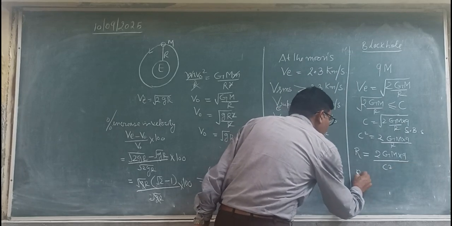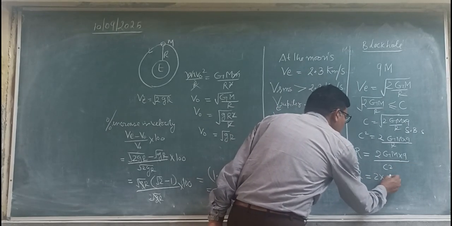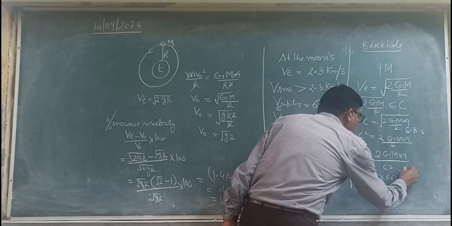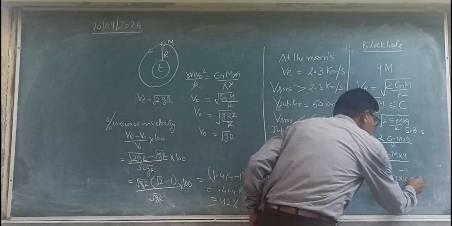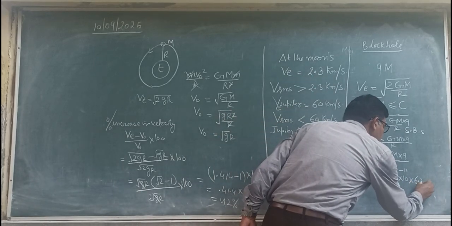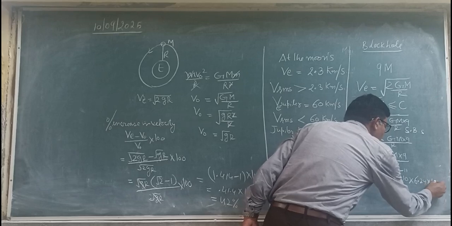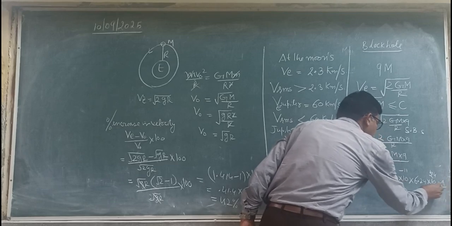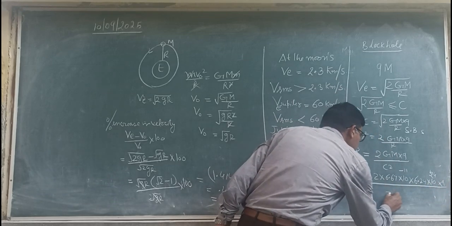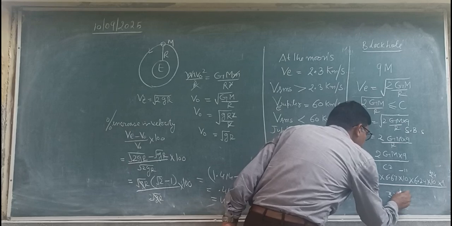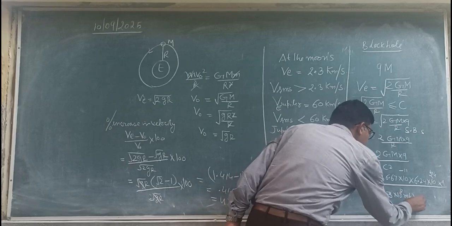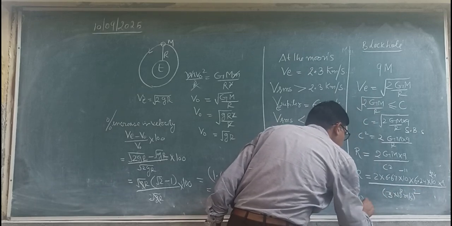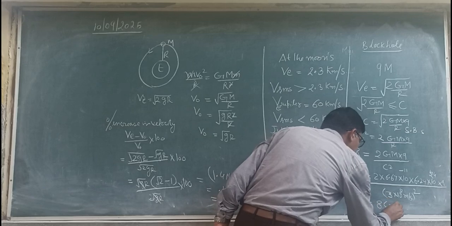So r comes out to be 2 into 6.67 into 10 to power minus 11, and of course the mass of Earth, 6.24 into 10 to power 24 kg, multiplied by 9, divided by the square of the speed of light, 3 into 10 to power 8 meter per second. If you solve it, you will get 8 centimeter.